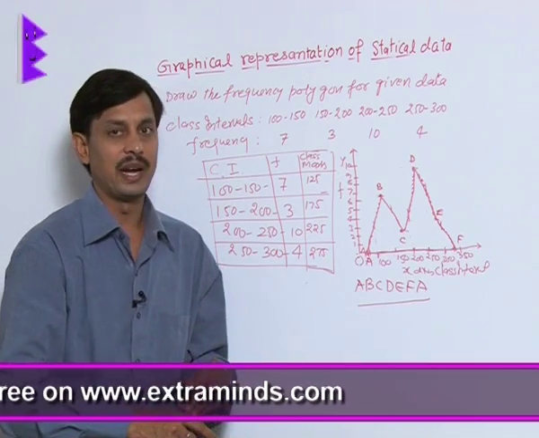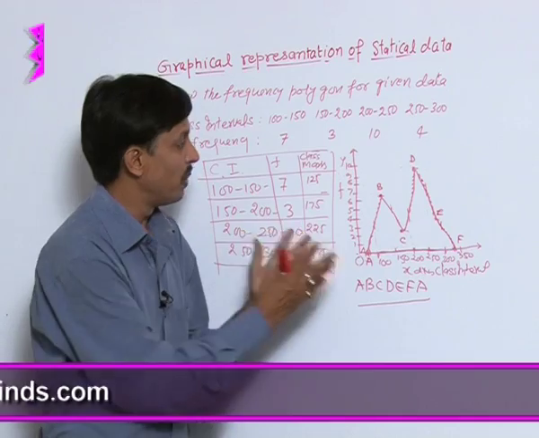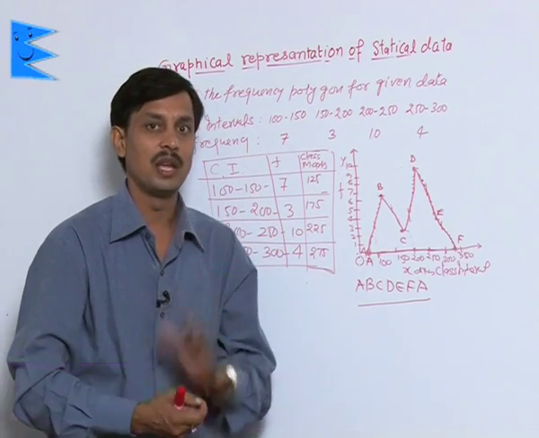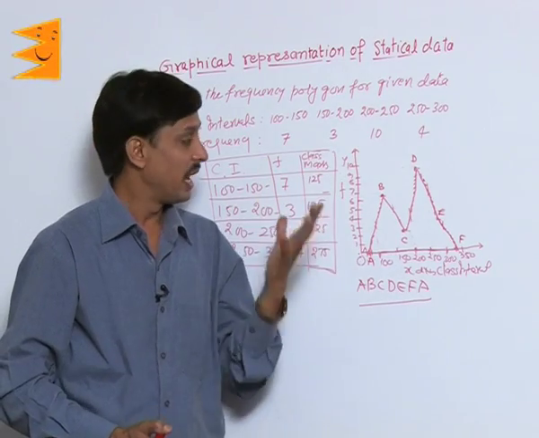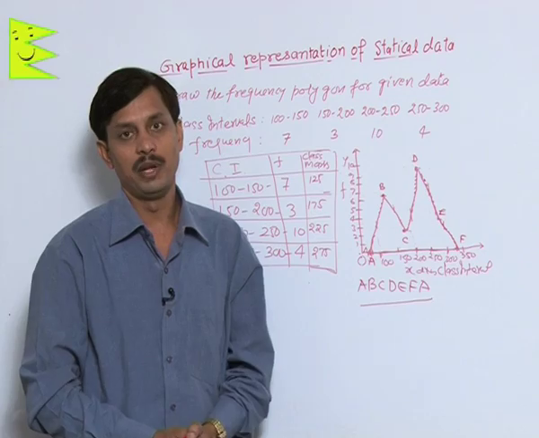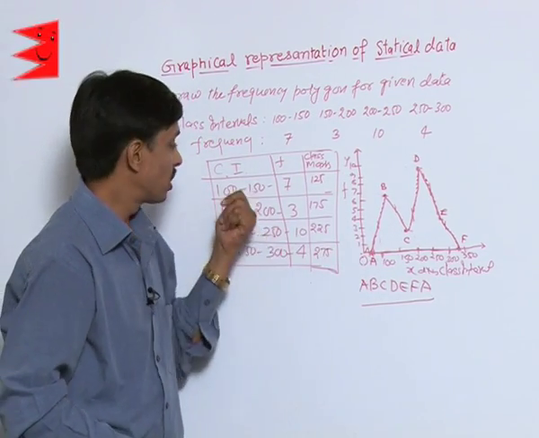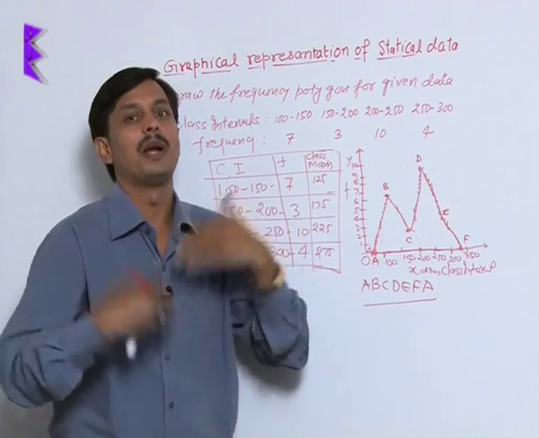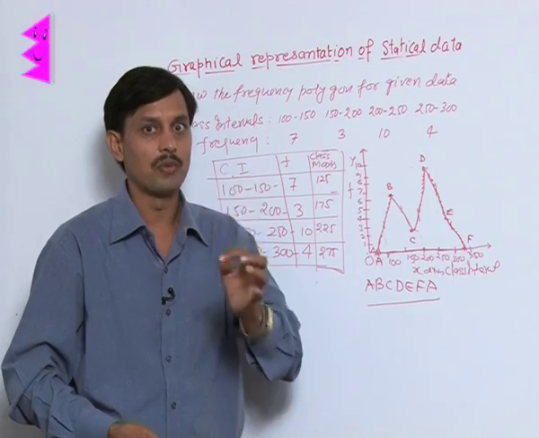It is always advisable to make the frequency polygon with the help of the histogram, as two or more histograms can be made on the same graph sheet. Similarly, two or more frequency polygons for the same class intervals with different frequencies can also be drawn on the same sheet of graph.